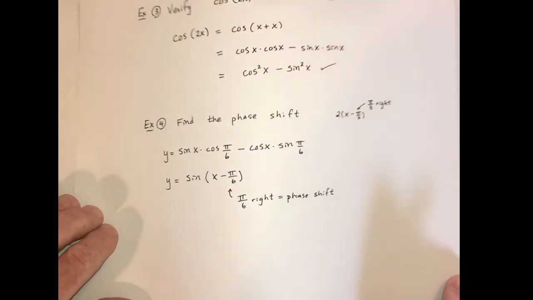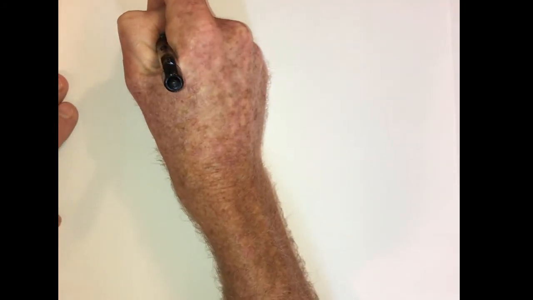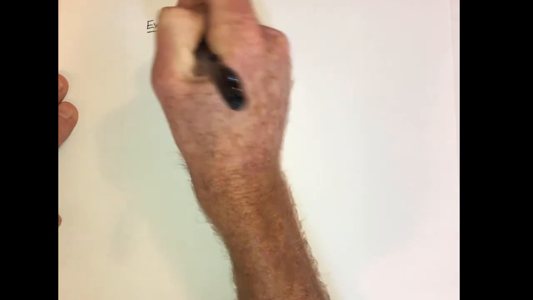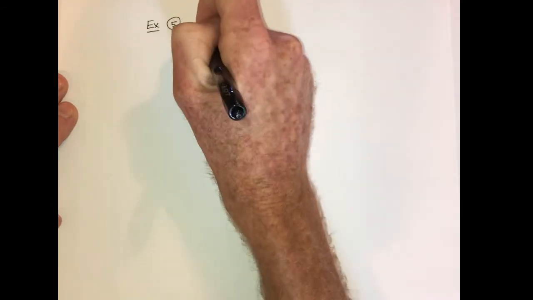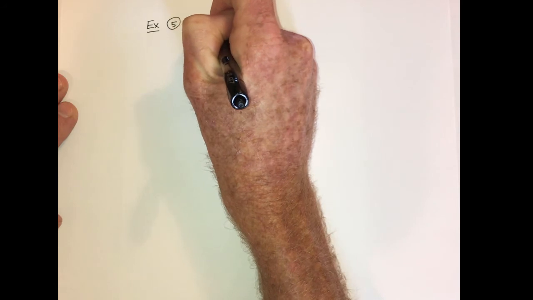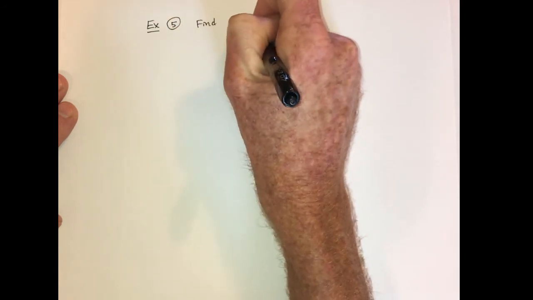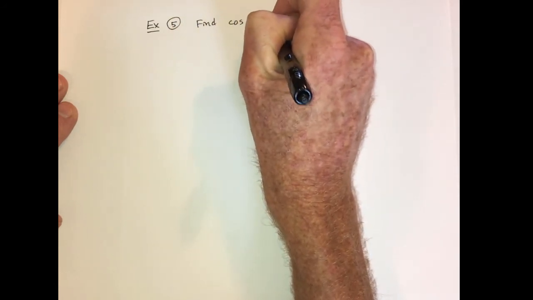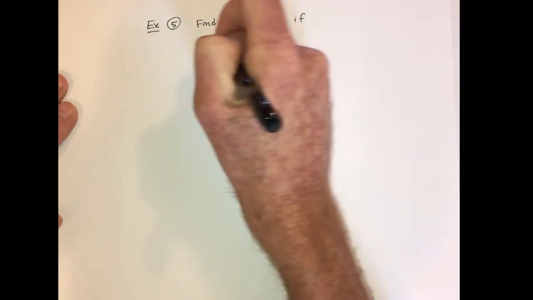Then, for example number 5, find cosine of a plus b. And then here's what's known.